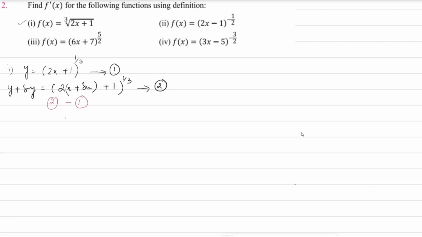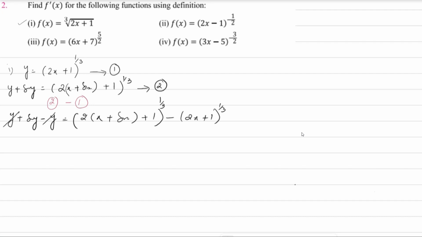So we will be having y plus delta y minus y on the left side of the equation, and on the right side of the equation we will be having 2x plus delta x plus 1 whole raised to the power 1 upon 3 minus 2x plus 1 whole raised to the power 1 upon 3.